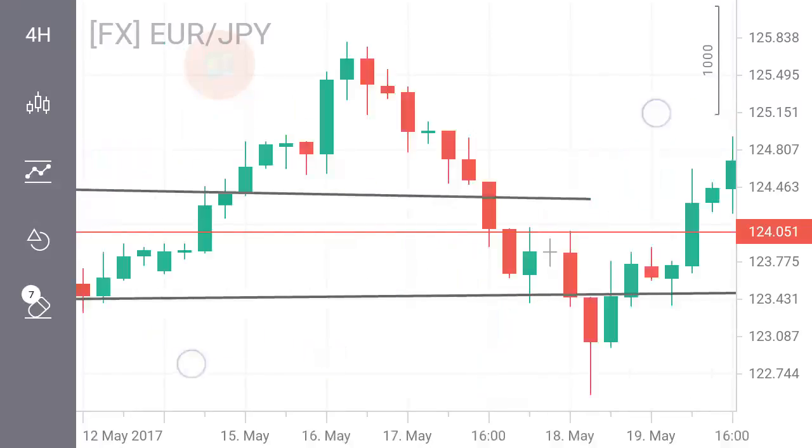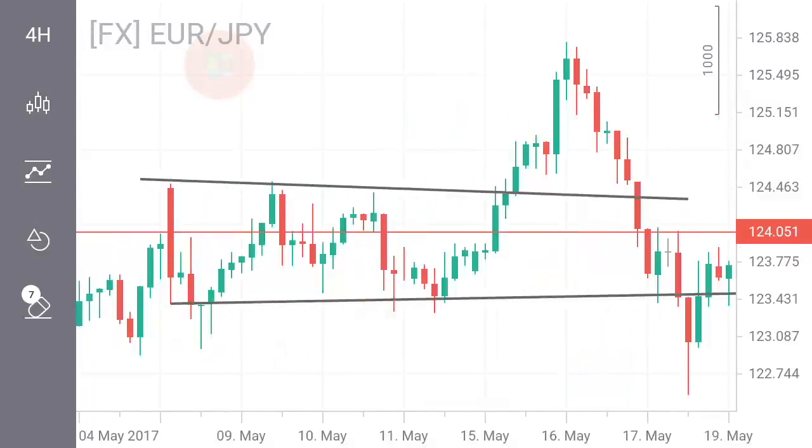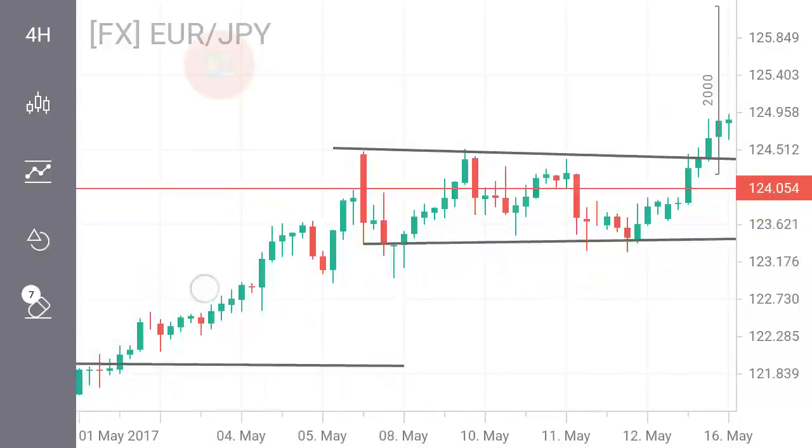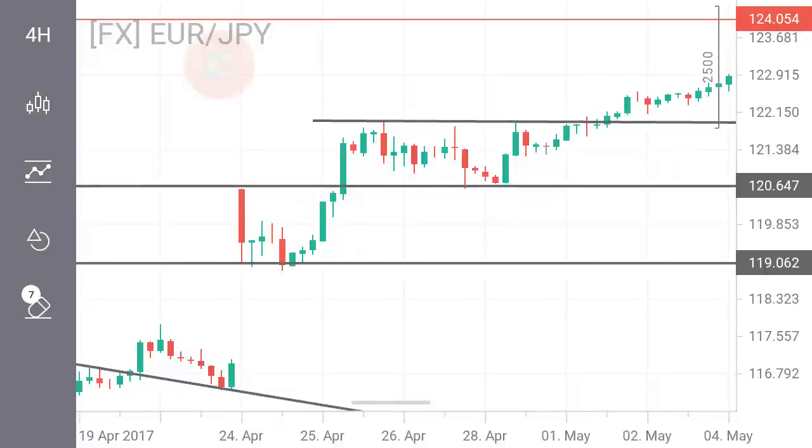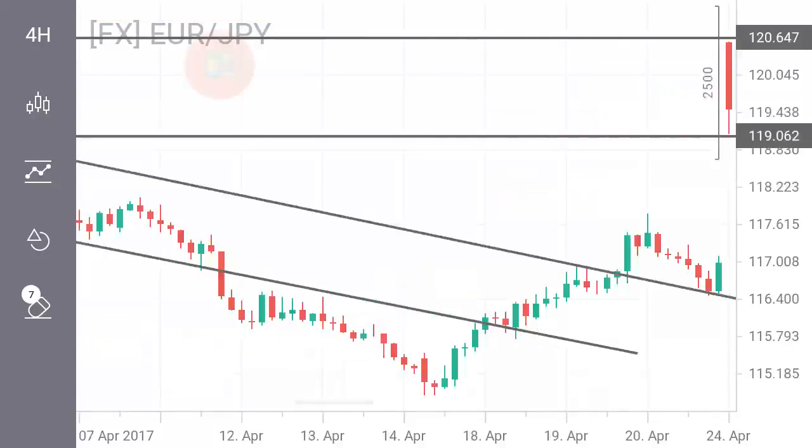Sorry, one minute, let me check again. Yeah, if the first one is a big green and the second one is red, this is indicating selling power.